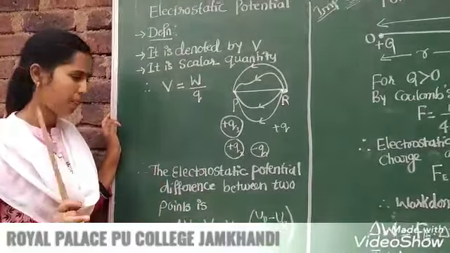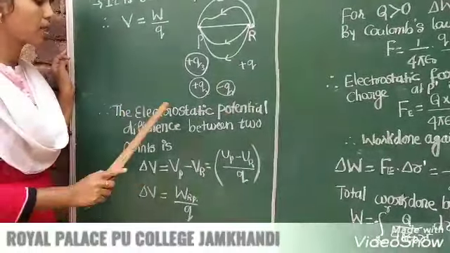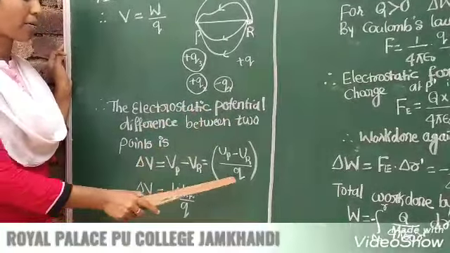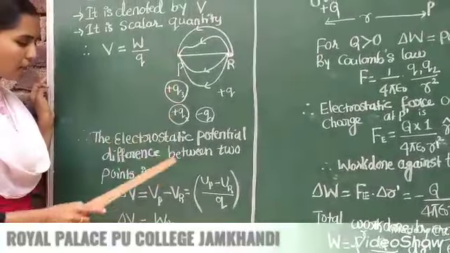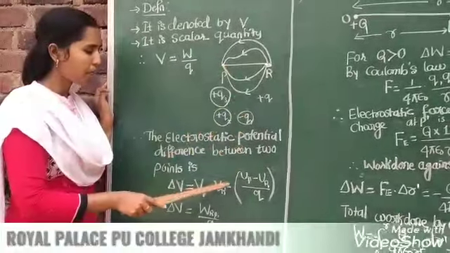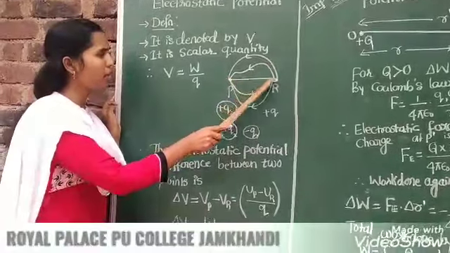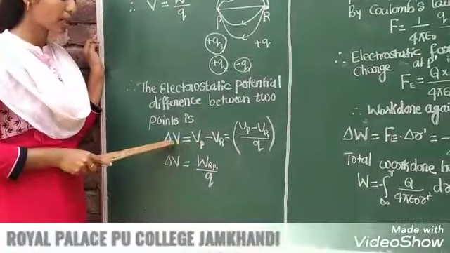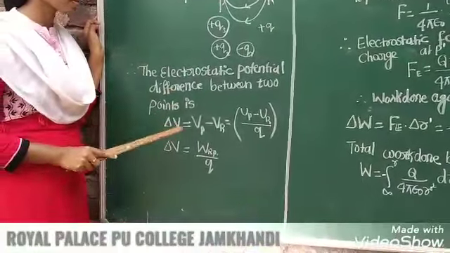Is that clear? Yes. Then moving to the next point, the electrostatic potential difference between any two points can be represented like this. Because already we know that if I take VP is the potential at the point P, VR is the potential at the point R, then the difference between these two potentials gives the potential difference between the points, right?